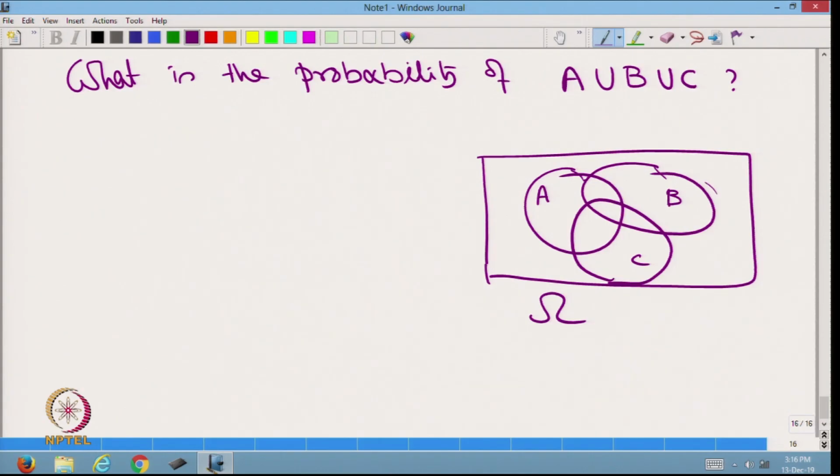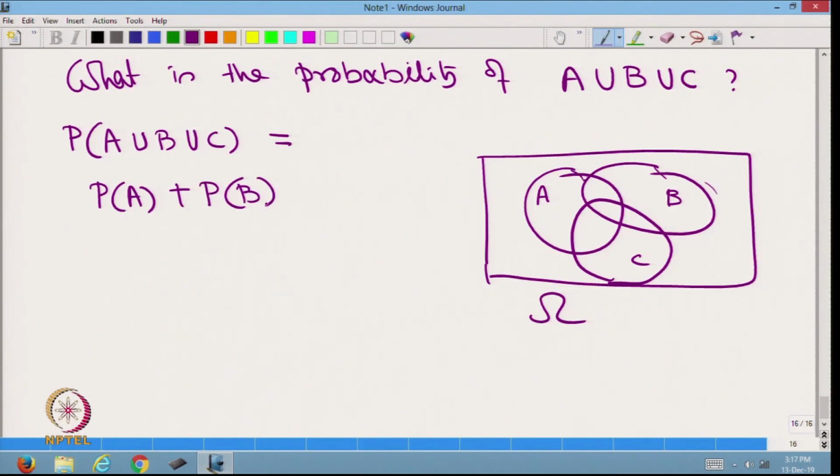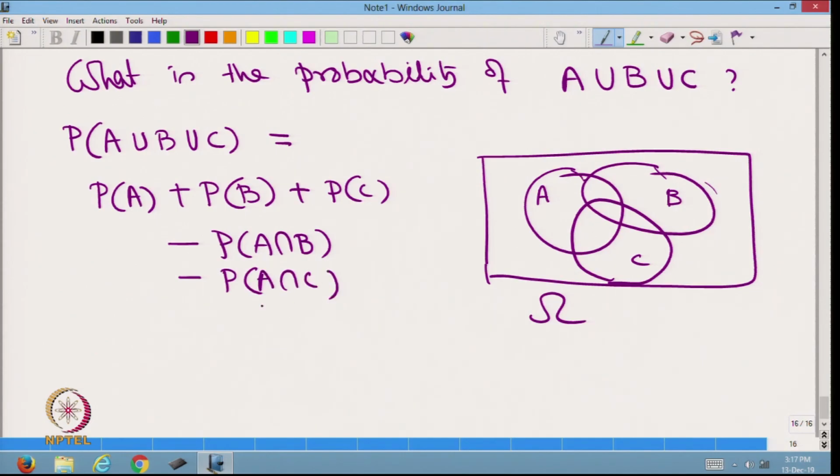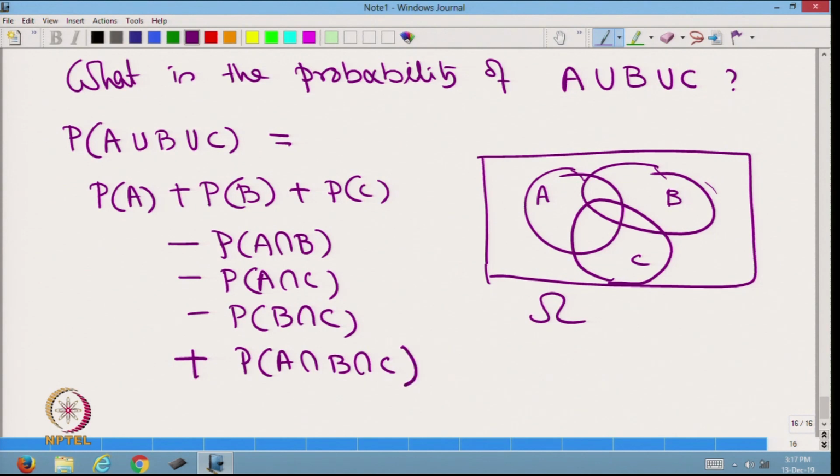What is the probability? The formula is probability of A union B union C is equal to probability of A plus probability of B plus probability of C minus probability of A intersection B minus probability of A intersection C minus probability of B intersection C plus probability of A intersection B intersection C.